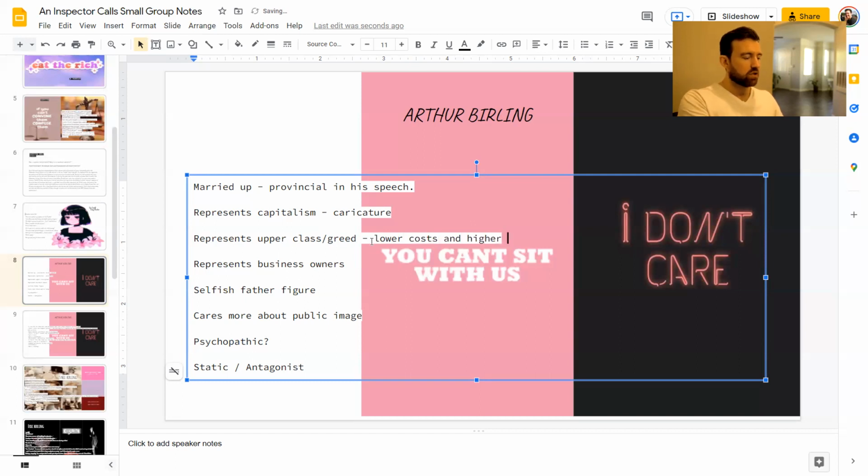That's quite interesting, because he doesn't want to pay his workers fairly. And in 1912 England, you could get away with that. Workers didn't have worker rights, really. There was no unionization of the workers at this point. And we'll come on to Eva Smith in the future, but Eva Smith creates that protest and that strike, that workers' strike.